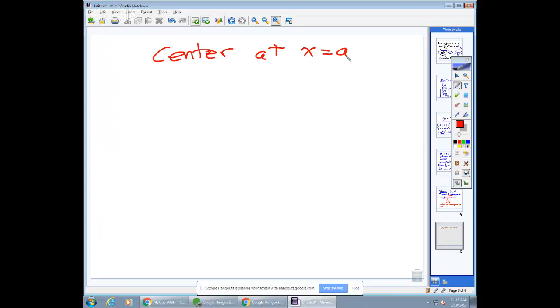Instead of powers of x, you'll have powers of x minus a. So a power series that's centered at a would look something like this. You have some kind of coefficient out front. That coefficient may be dependent on n. And then instead of a power of x, you have a power of x minus a.